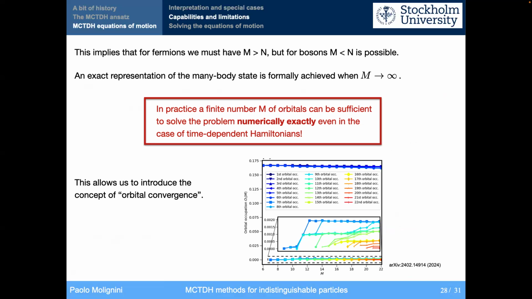So now I come to the point that Jonas was mentioning. This allows us to introduce the concept of orbital convergence. What we do is we first run a calculation, let's say with 5 orbitals, and then we see how the population of the orbitals behaves. If the least occupied orbital is still macroscopic, then we are not converged to the full solution because there's still room to add more to improve the approximation.